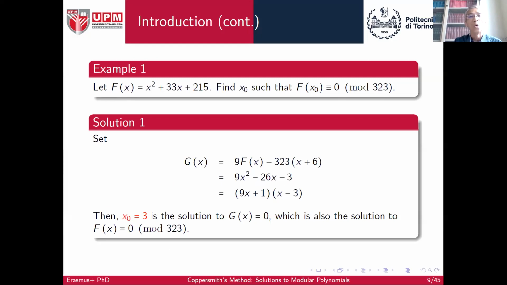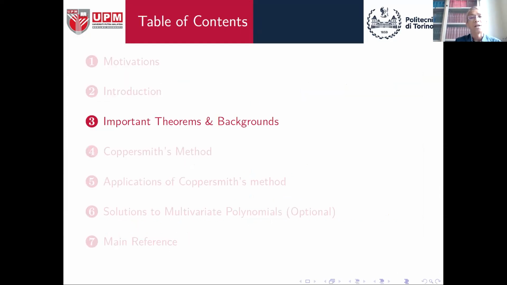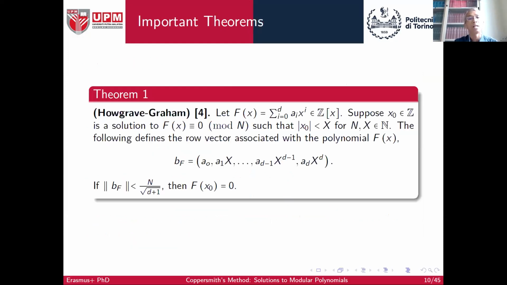After knowing the idea of Coppersmith and some brief introduction about modular polynomial equations, there are some important theorems and background that will be helpful in dealing with the Coppersmith method in section 4 later.